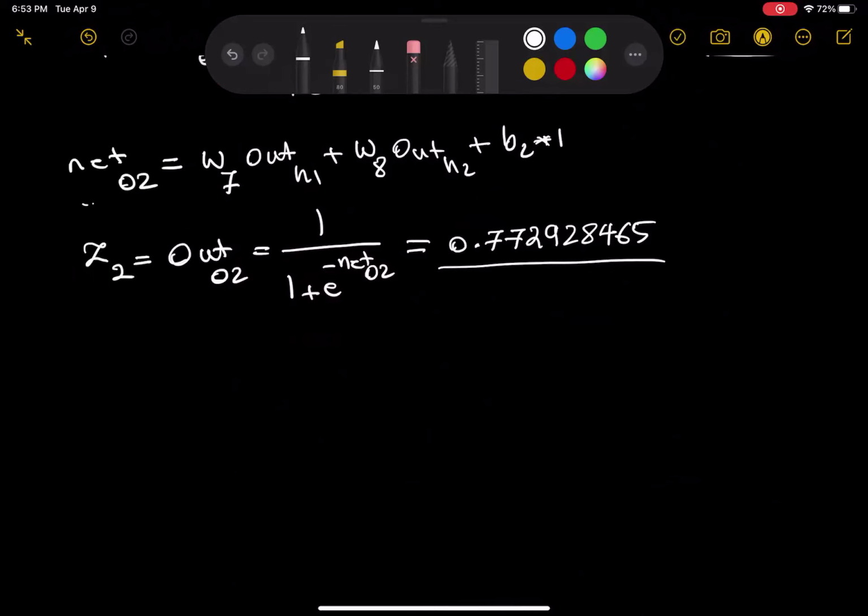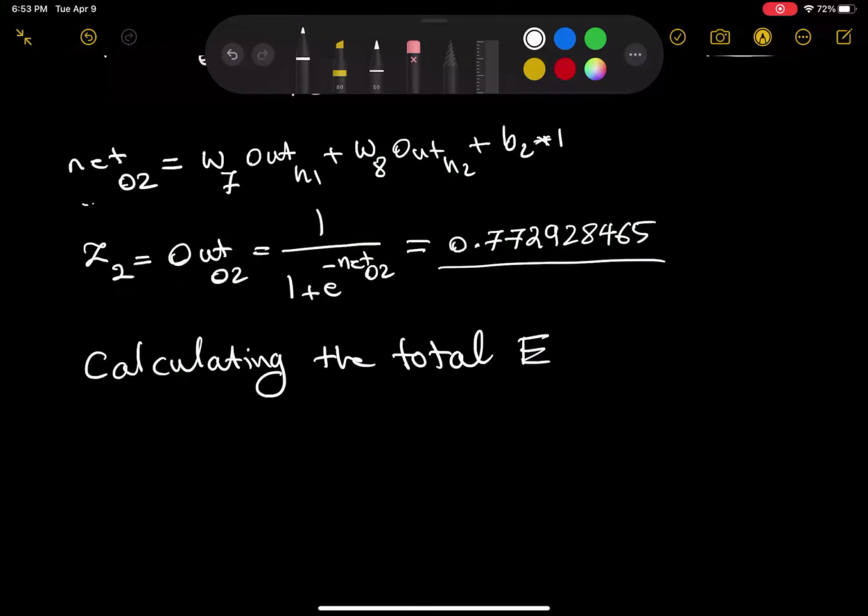All right, so the next step here is calculating the total error. I'm going to write the total error like this.